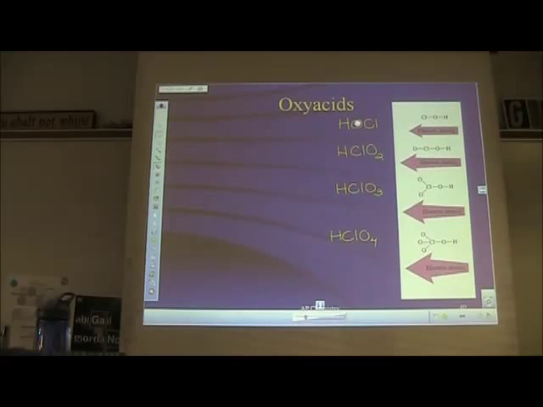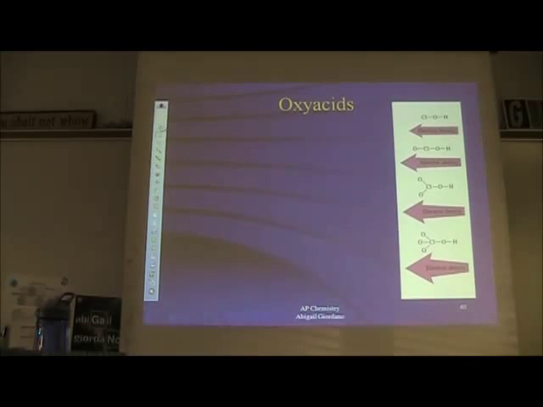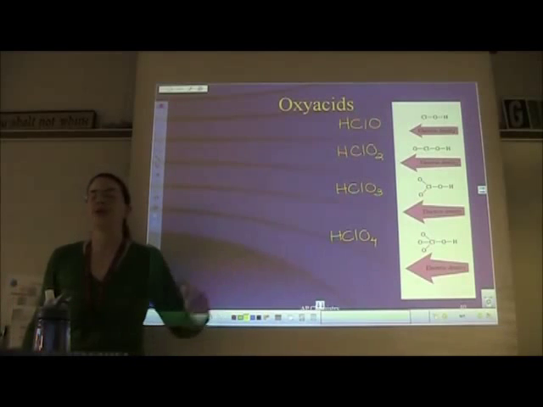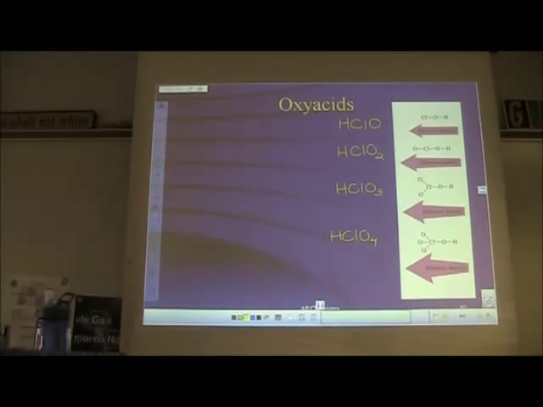I want you to look at these four formulas I've written in yellow. Is any one of those one of our six strong acids? So I'm going to put strong. What about the remaining three? They're all weak.